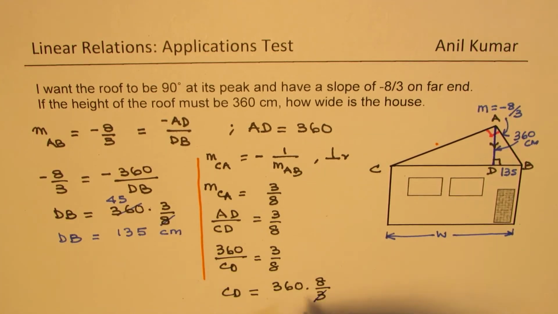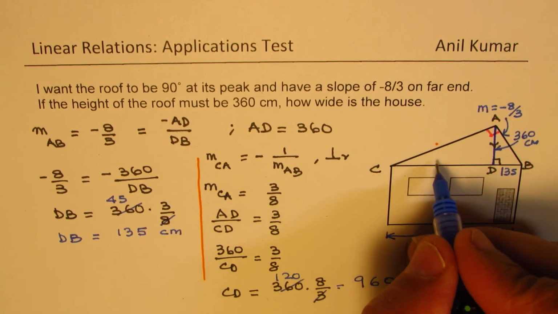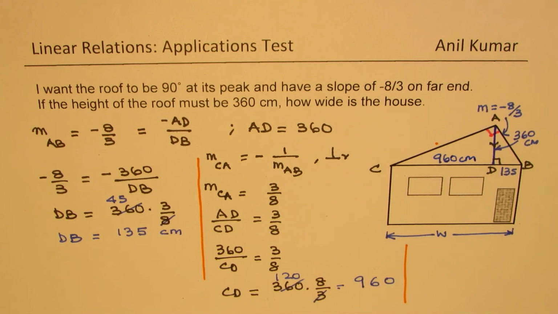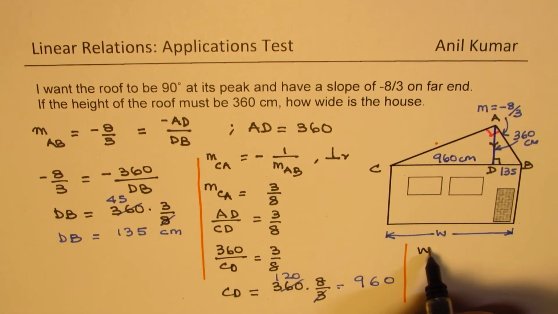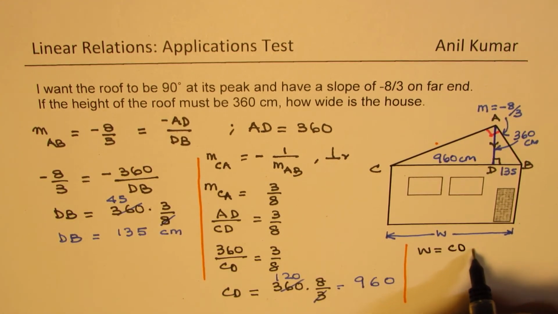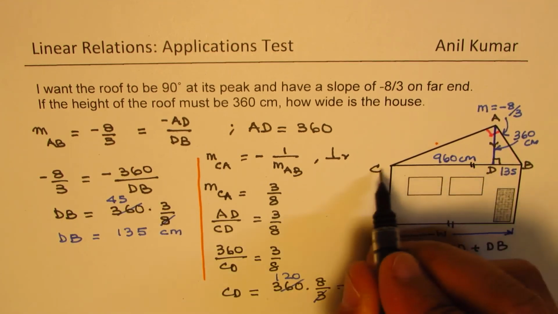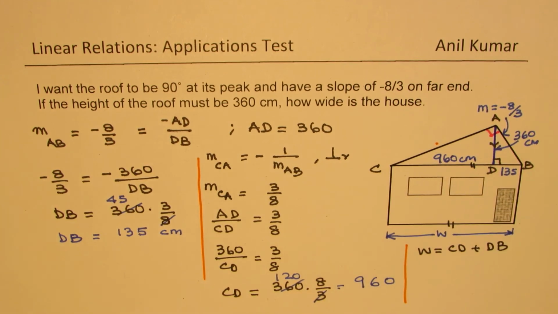When I divide this by 3, I get 120. Multiplying 8 by 120, 8 times 2 is 16, we get 960, right? So we do get this length as 960 centimeters. So we can now find the width. The width is equal to CD plus DB, right? This width is the same as the width here.